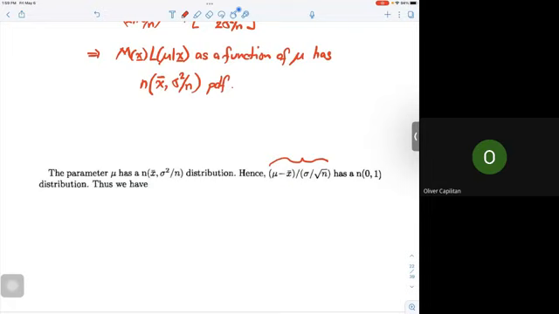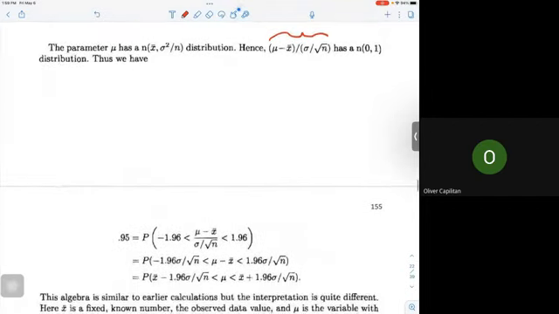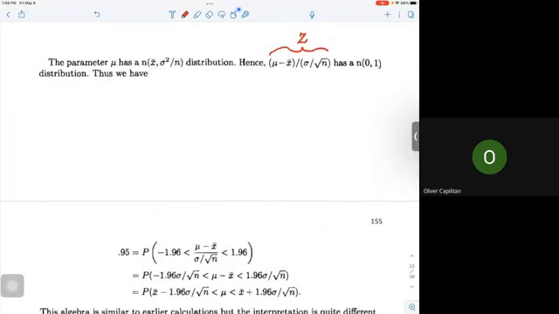We standardize the mu here, so it has a normal distribution with mean 0 and variance 1. Thus, we can have this result, diretso na tayo, because this is true, because we can take this as z, or random variable z.